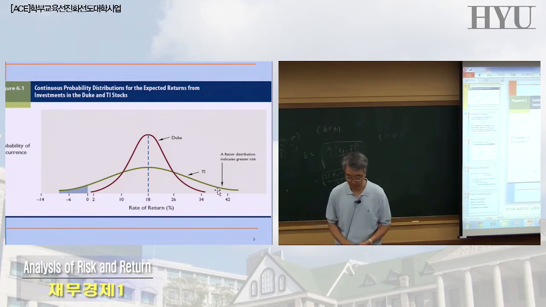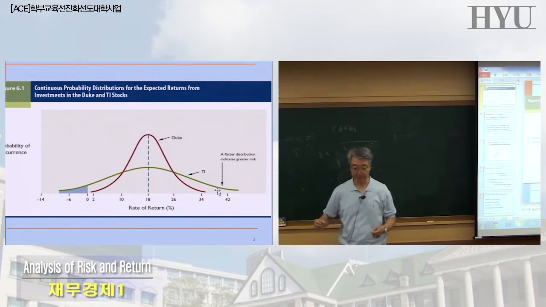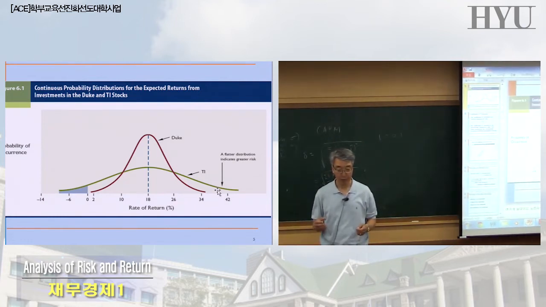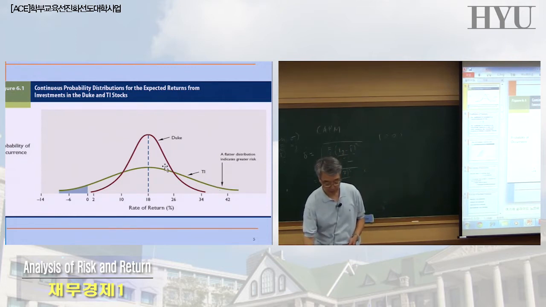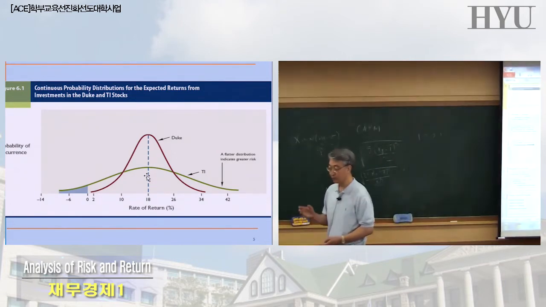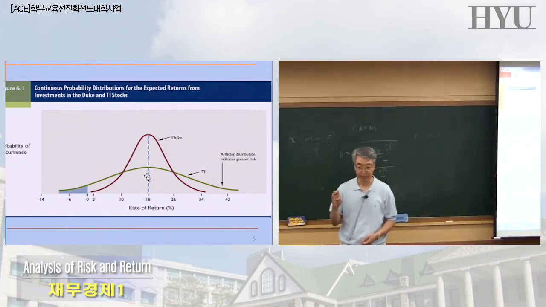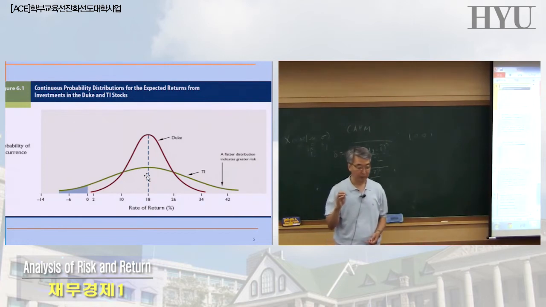Well, we actually don't know exactly what the shape of the distribution is for Duke stock and TI stock, but we just use the assumption that they are similar to a normal distribution. The definition of normal distribution is, first of all, it has to be symmetric, and then it has to have a bell shape.